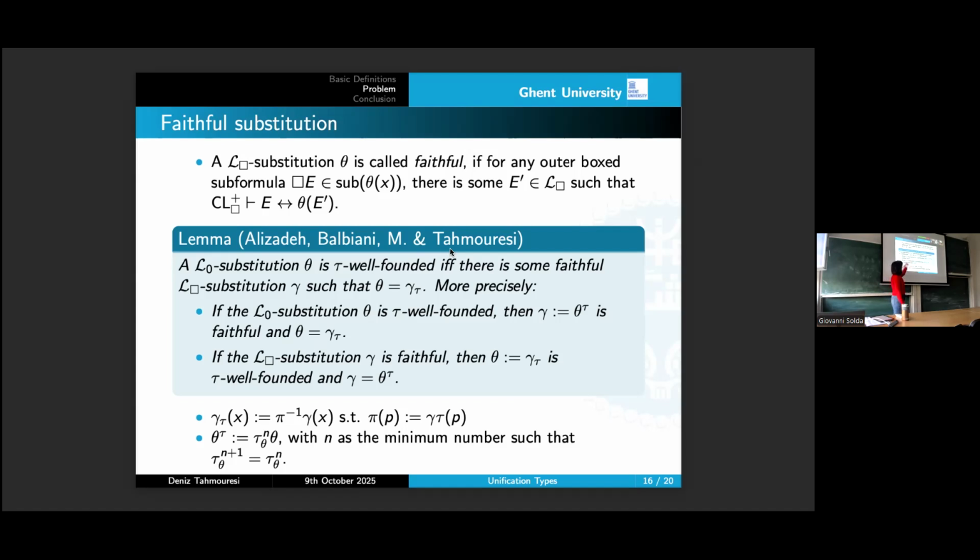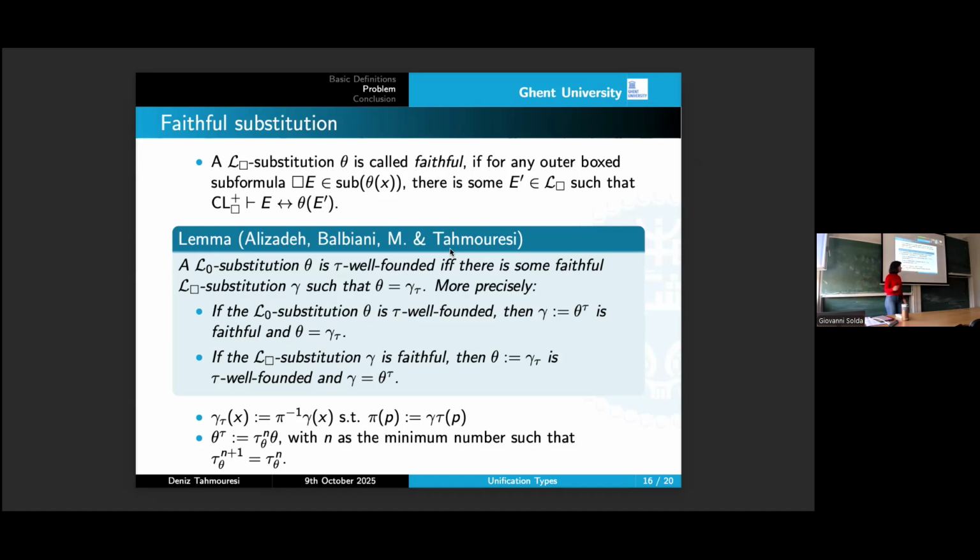And if the L box substitution is, this time, faithful, then we can define theta as follows, and it is going to be tau well-founded, and this equation is going to hold. I wrote what these gamma theta and theta tau are, and it's more the technical things, so I'm going to skip it. But if you have any questions, I can answer them later.